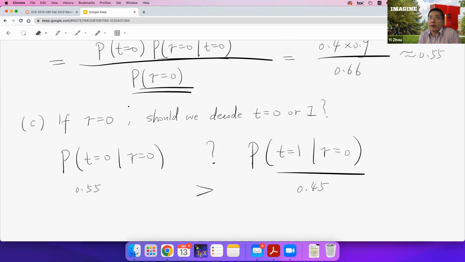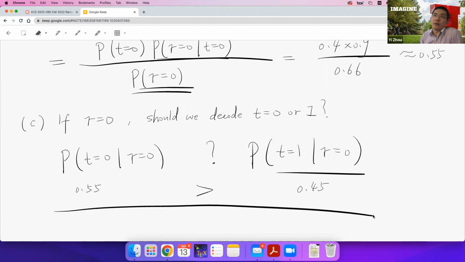Under this specific setting, this will be the decoding rule for this channel. For other, much more complicated channels, we will add many other components, so the decision rule will be very complicated in practice. But the general idea is the same.